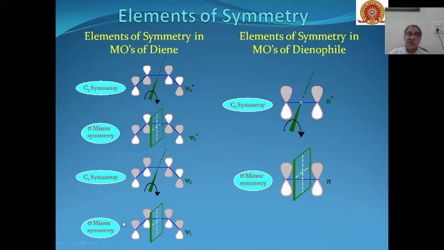And in terms of symmetry, this will be symmetric towards mirror symmetry, this will be symmetric towards C2 symmetry, this will be symmetric towards mirror symmetry, and this will be symmetric towards C2 symmetry. Similarly, in case of dienophile, this is pi and this is pi antibonding. This will have mirror symmetry and this will have C2 symmetry.